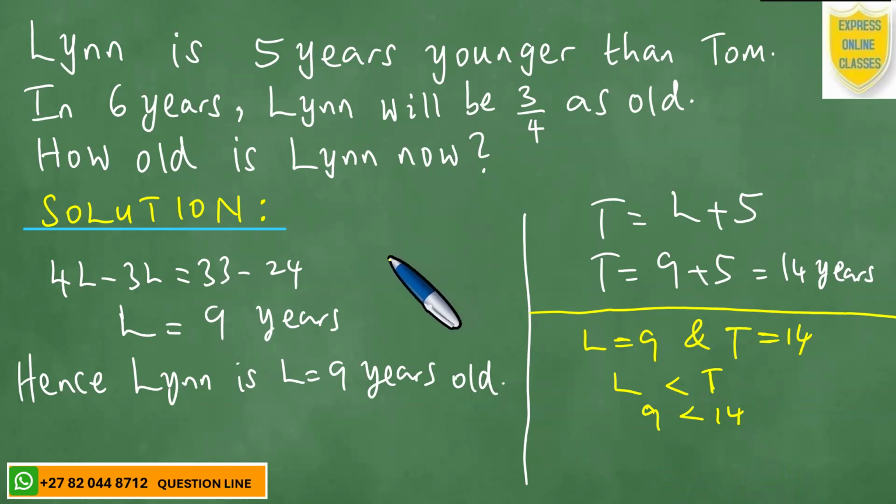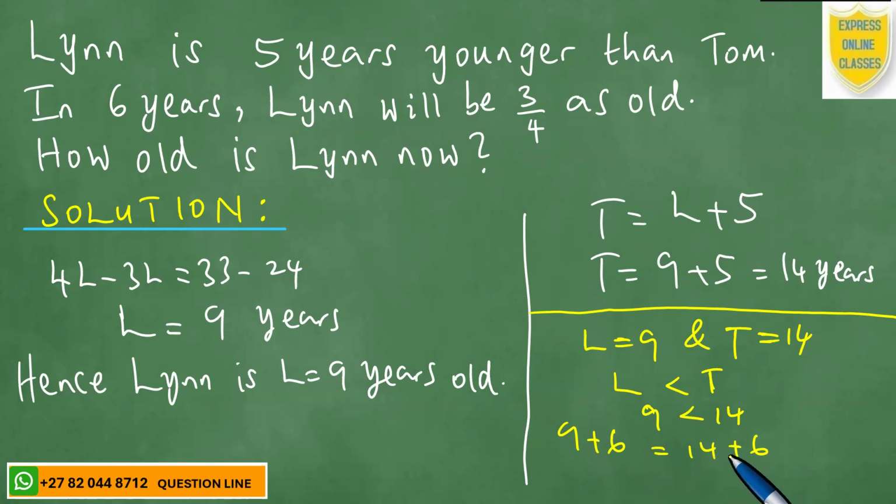But if we look carefully, in 6 years, Lynn will be 3/4 as old. So let's analyze that part. In 6 years, you take the 9, you add 6. You take the 14, you add 6.